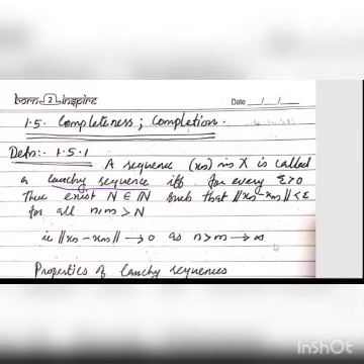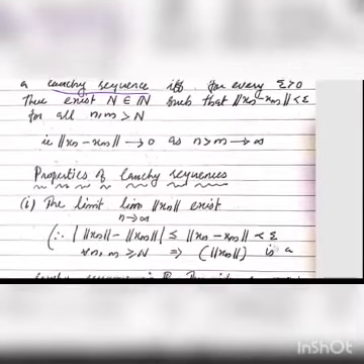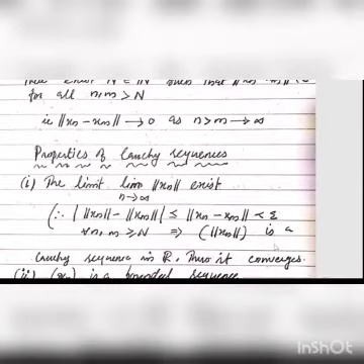Now, properties of Cauchy sequences. If xn is a Cauchy sequence, then the limit as n tends to infinity of norm of xn exists. Consider the modulus of norm xn minus norm xm. This quantity is less than or equal to norm of xn minus xm.